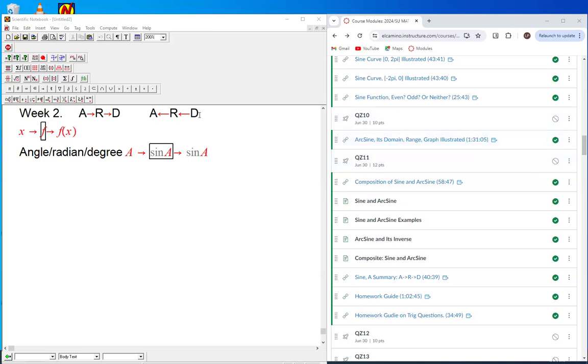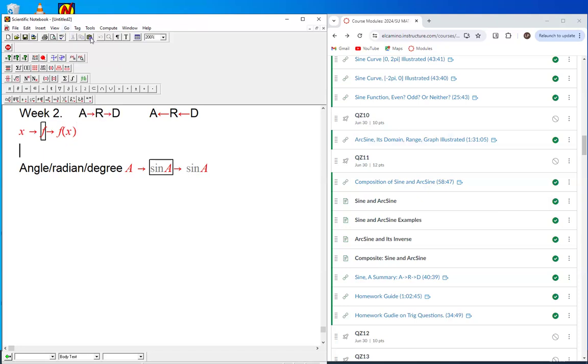It's from ratio to angle. So the other function we're talking about is D to A. So A to D is in this setting, and D to A is in the following setting.